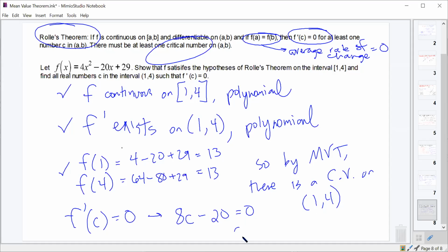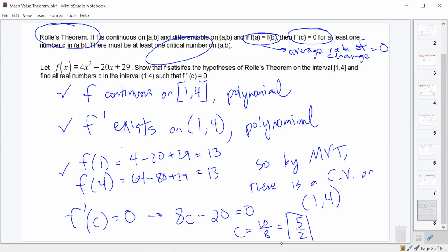And that should equal 0 when c is 20 over 8, or 5 over 2. Good or no? Good. Any questions on that?